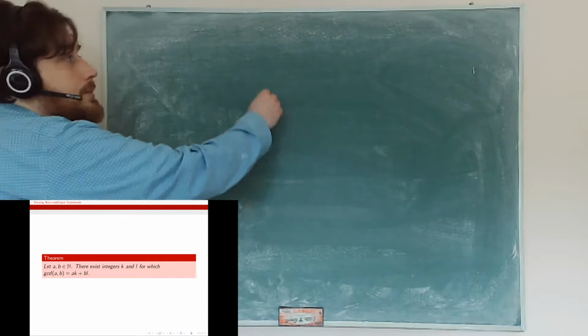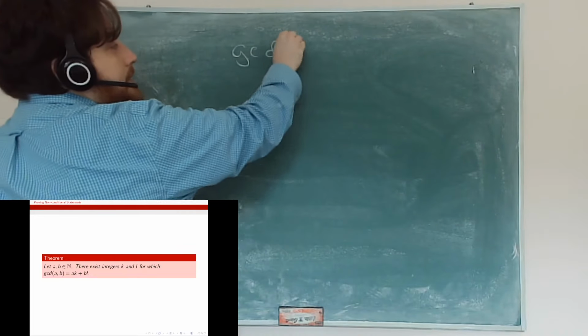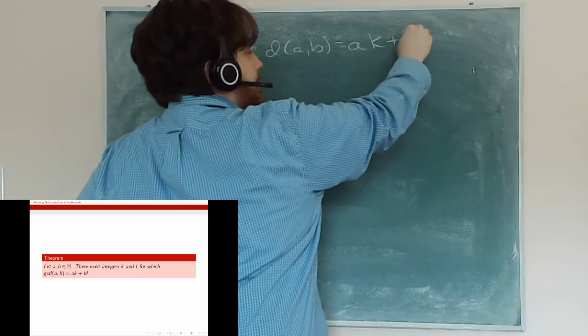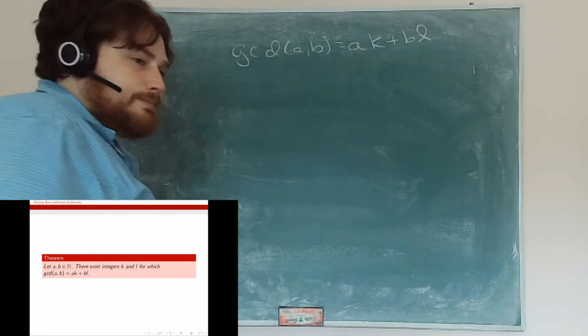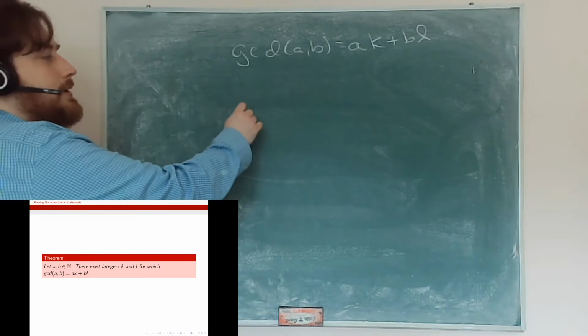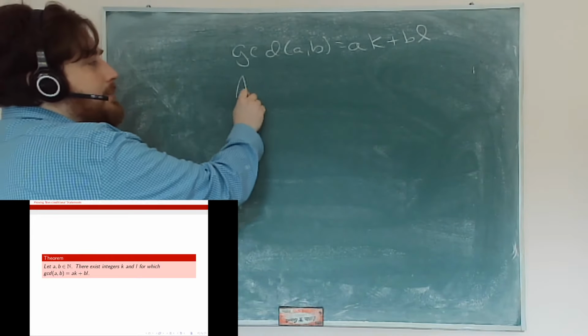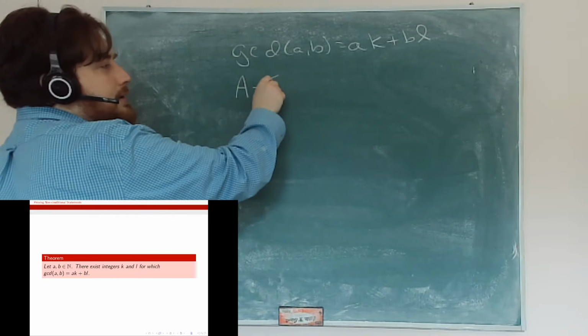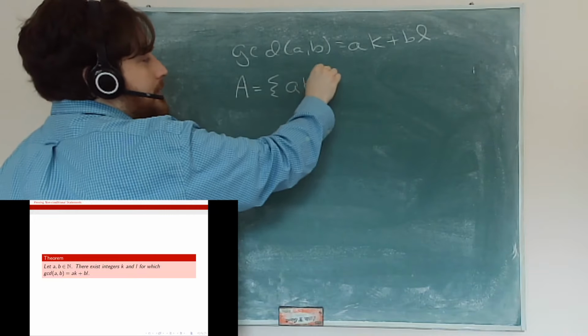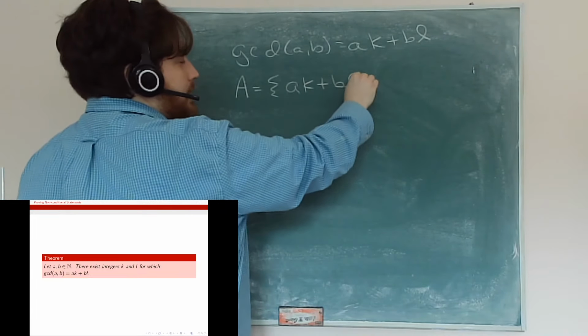All right. So remember I wanted to show that the greatest common divisor of A and B was equal to A times some integer plus B times some integer. So what I'm going to do is let capital A be the set of all things of the form A times some integer plus B times some integer.